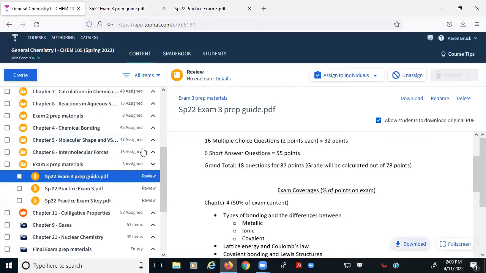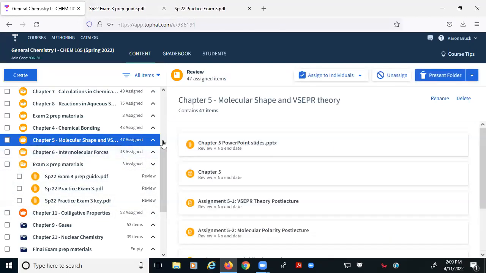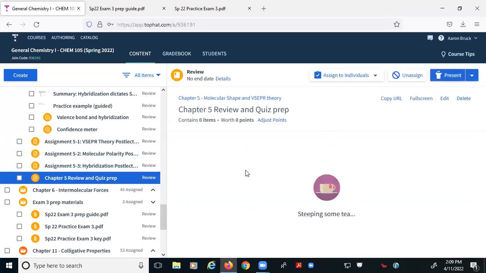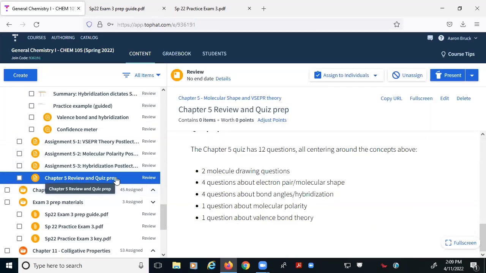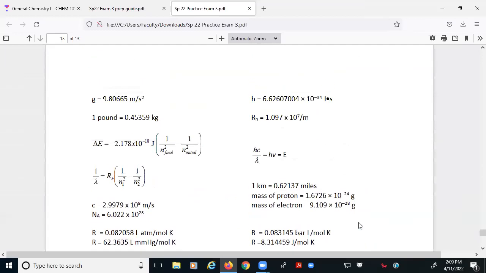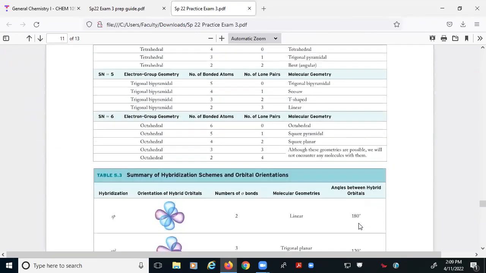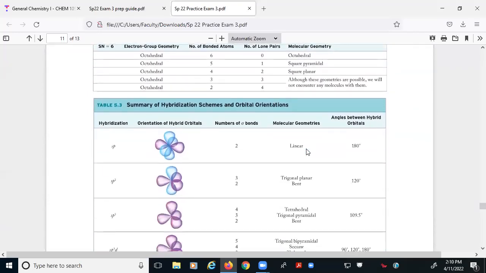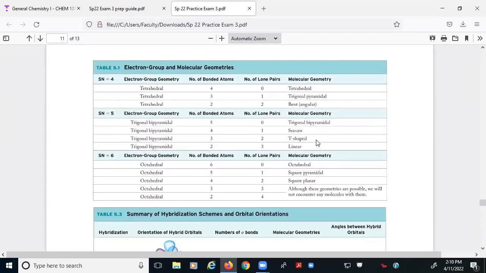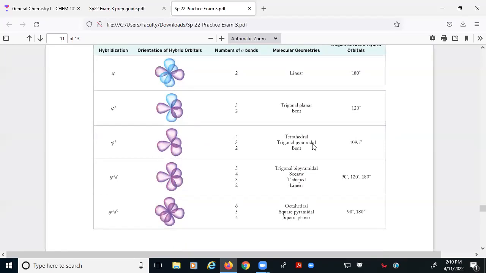Now, as far as materials that you get in preparation, you're going to get this exact table, the same thing that you got for the Chapter 5 quiz, that has the summary of the 3 most complicated shapes in terms of their geometries and how all that ties into hybridization.